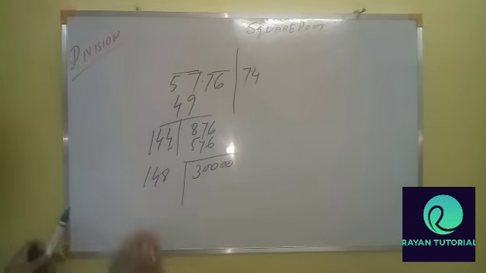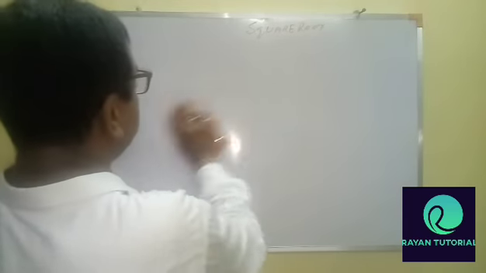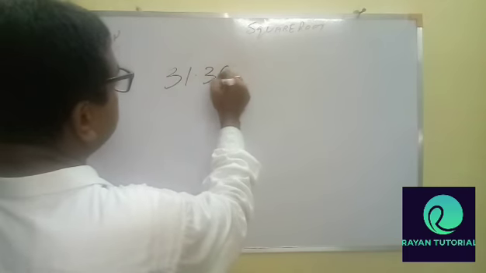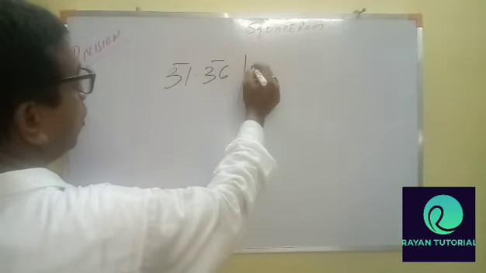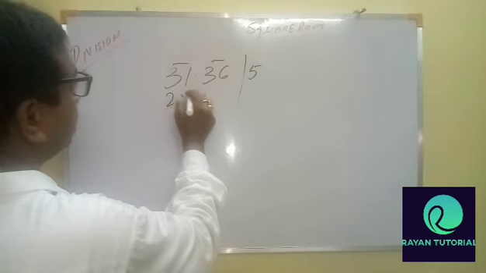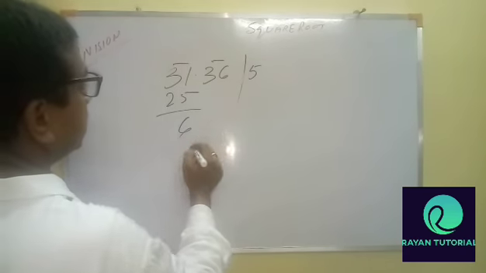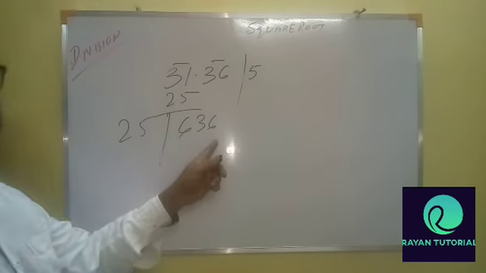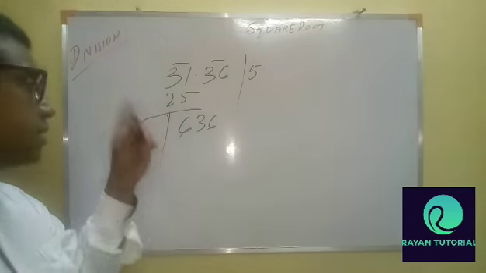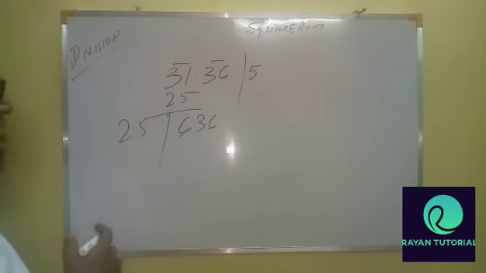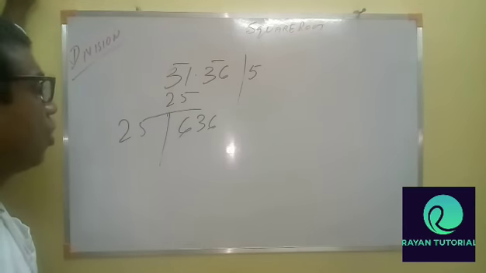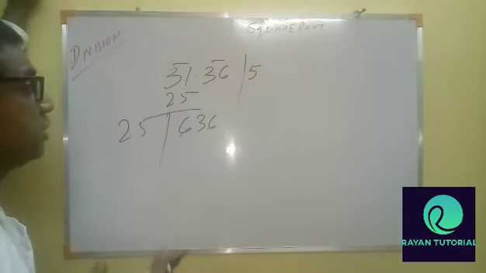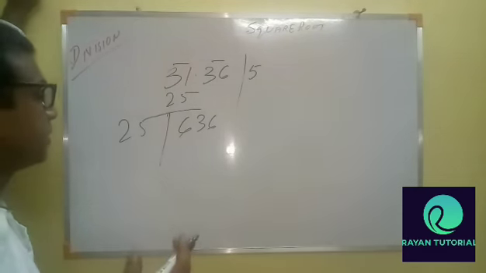31.36. Okay, now 5 5s are 25. 6 decimal 36. 5 5s are 25. Now 6. That means it can be 4 or it can be 8. No, not 8. It can be 4, it can be 6.